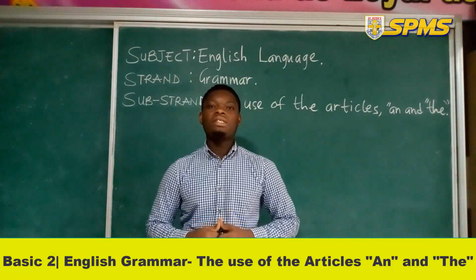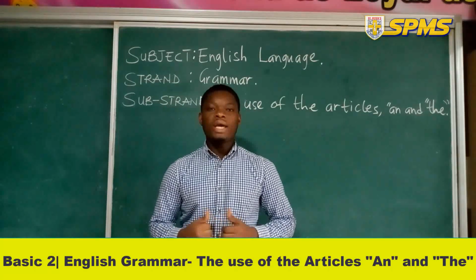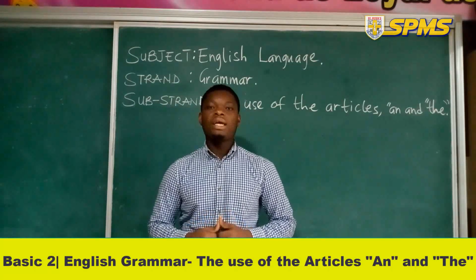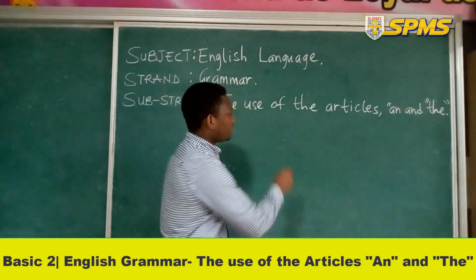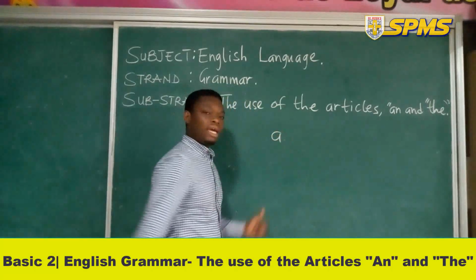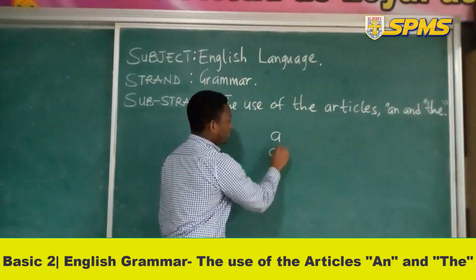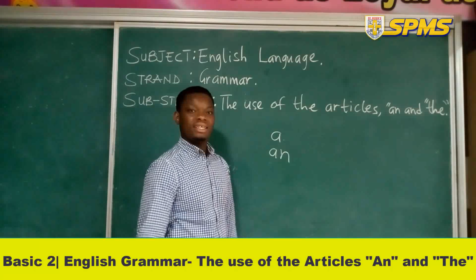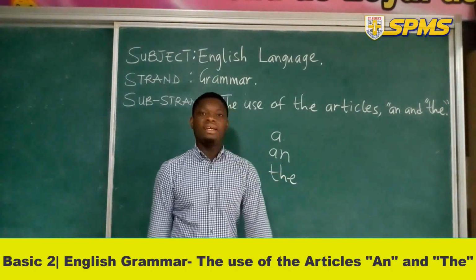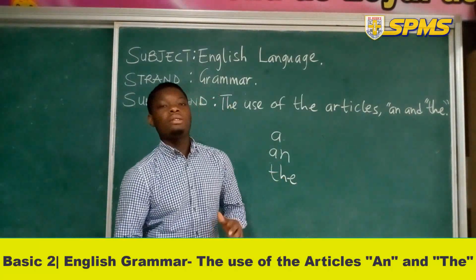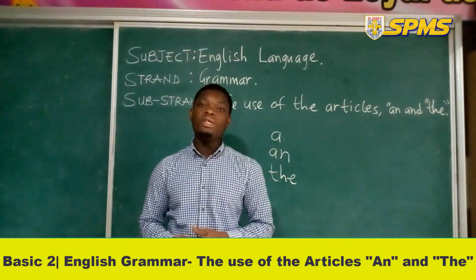And then in our previous lesson, we also said that we have 3 examples of these articles. And then we said they are a, an, and then the last one is the. And then we said that these articles have been grouped into 2.